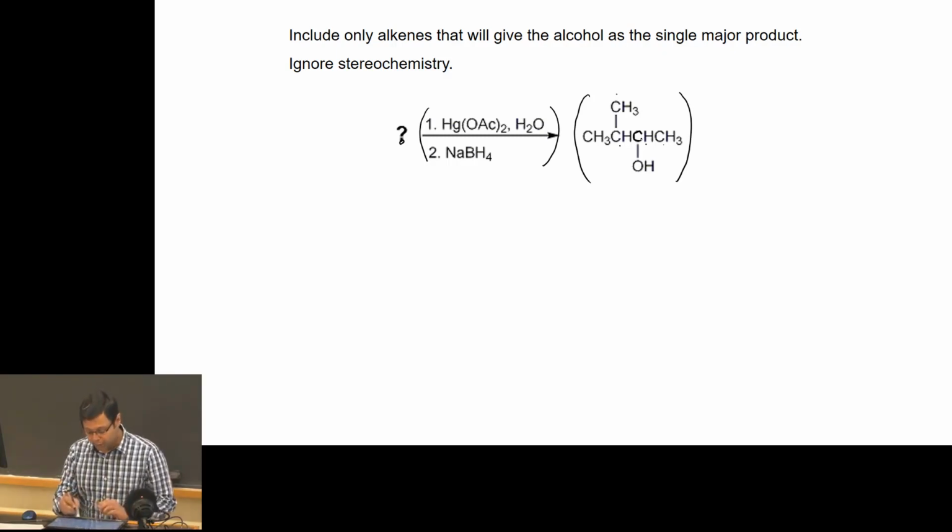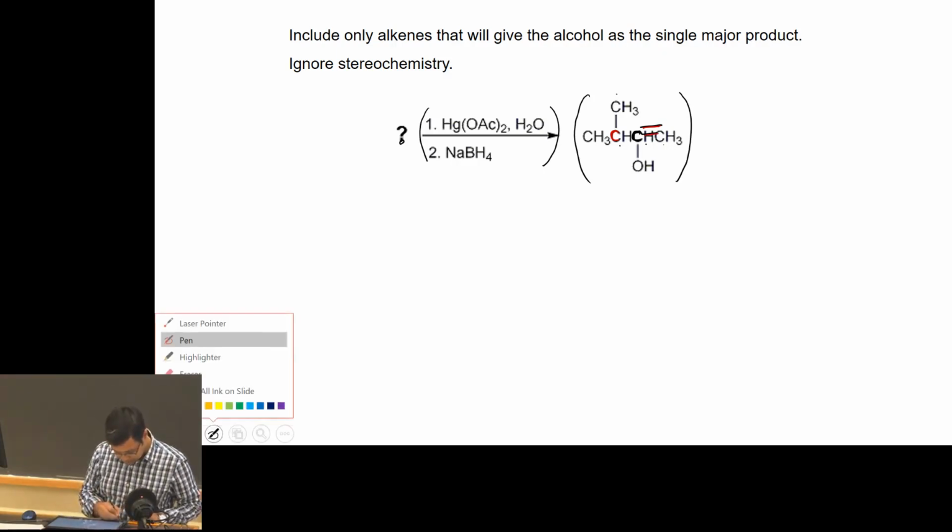So in the product, if you see OH attached to this carbon, it means in the alkene, that carbon was the more substituted carbon of the double bond. Right? So you have to have the double bond between these two carbons. If you have the double bond between this carbon and this carbon, like this would become more substituted then. OH will go there upon oxymercuration. So the double bond has to be between these two carbons. So let's write the reactant.